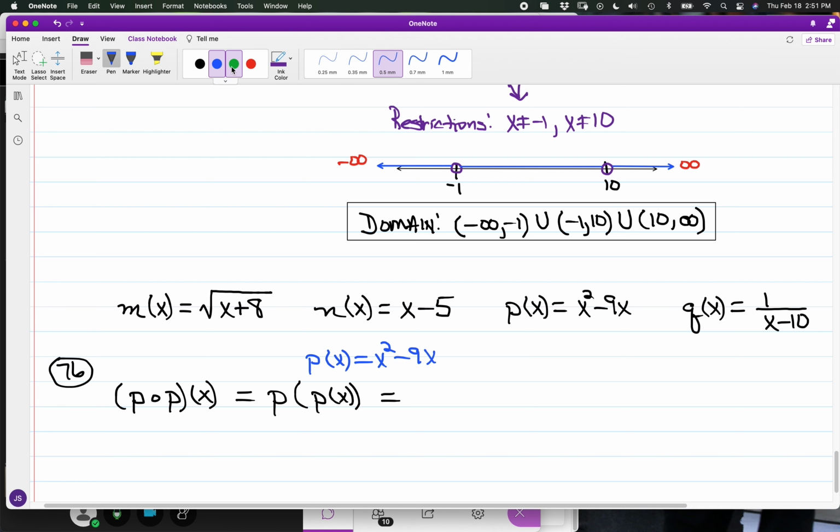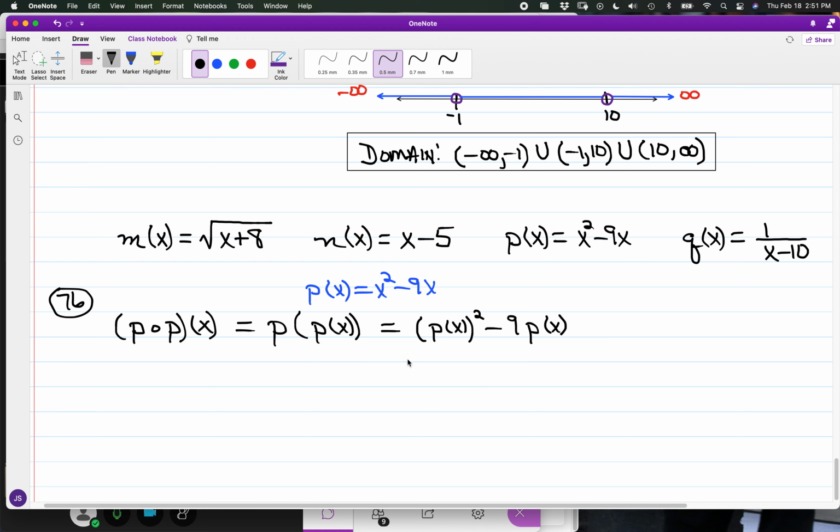Now, this is where it gets a little bit tricky because you have a bit of repetition here, but remember, P of the input is equal to the square of the input minus 9X. Well, guess what? The input happens to be P of X. So just following through, P of X replaces X. So you have the square of P of X minus 9 times P of X. I'm just going to work down here.